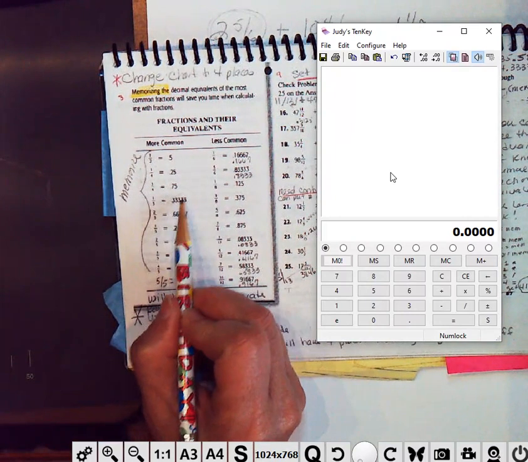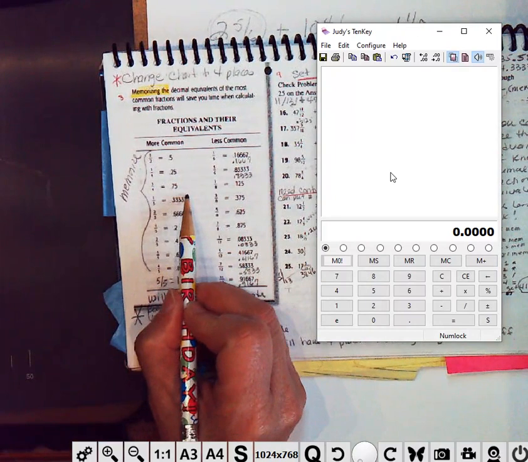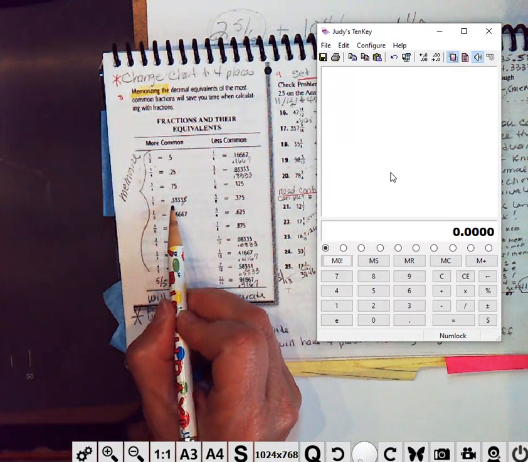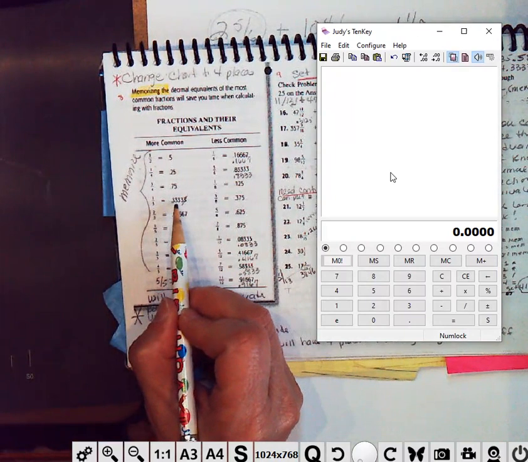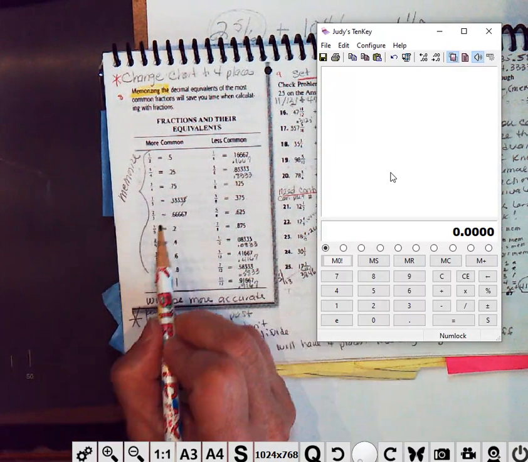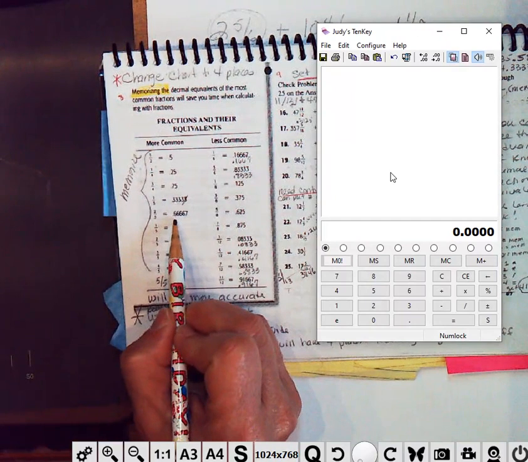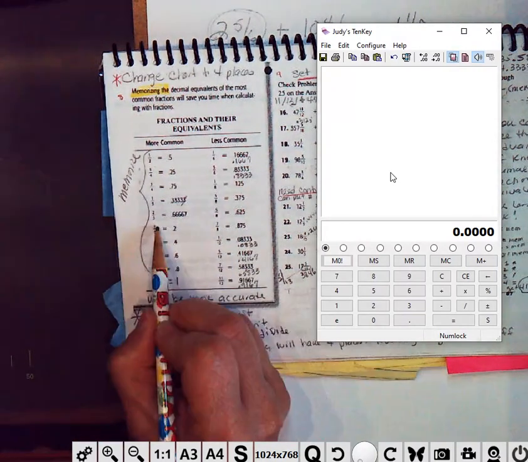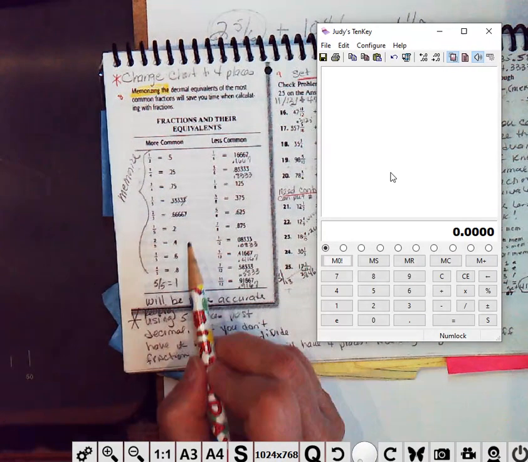We're going to carry ours out to 4 places. So if 1/3 is 0.3333, then 2/3 is double of that. But we're carrying out ours to 4 places with the 7 in the 4th. A fifth of $1 is 20 cents.